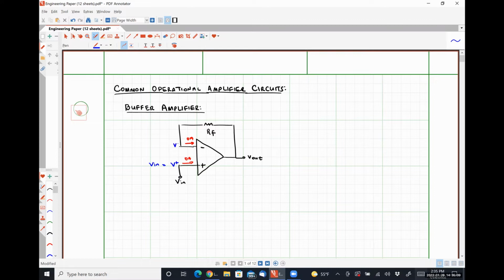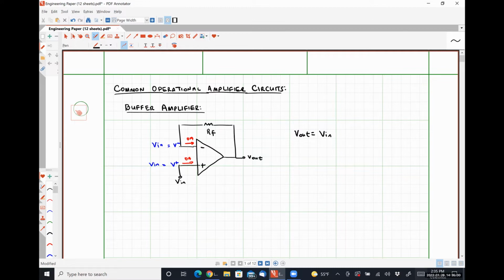The voltage present at my inverting input terminal must then also be Vin because of our ideal op-amp rule number 2. And from that, I see that V out is simply Vin.